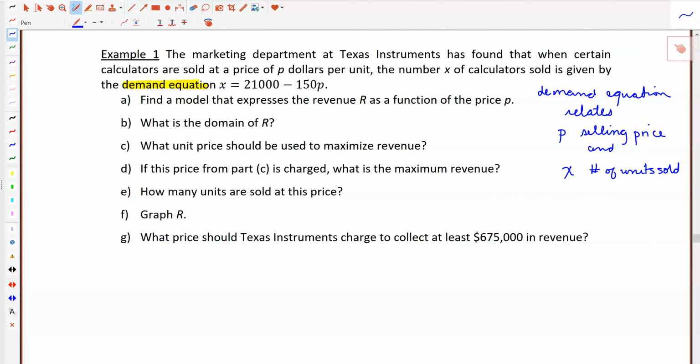So we're going to answer a couple of questions about what's going on with the selling of these calculators. The first question is, find a model that expresses the revenue R as a function of the price P. All right, so revenue is the amount of money received from the sale of an item.